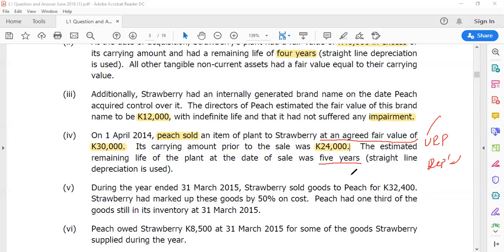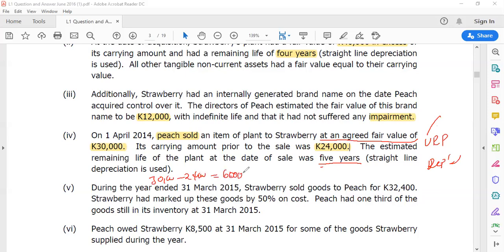So if you don't understand the English here, you are gone. Because it was sold at an agreed fair value. That's why they've given you the number of years. So we simply get the 30,000 minus the 24,000, which gives us the 6,000.